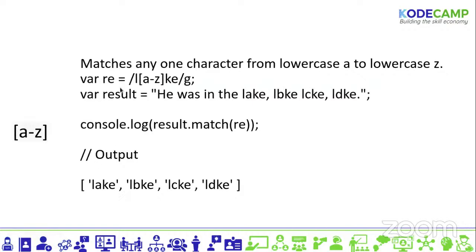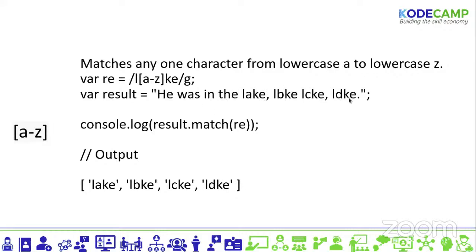Then you can match characters from lowercase a to z. For example, we can use that same example, and here we say LK, and whatever is in between L and K should be in the range of A to Z. So it could be LBKE, LCKE, LYKE, L whatever KE from A to Z. And since we are using the global flag, if we didn't use global here, then when it sees its first match, it will actually stop there.